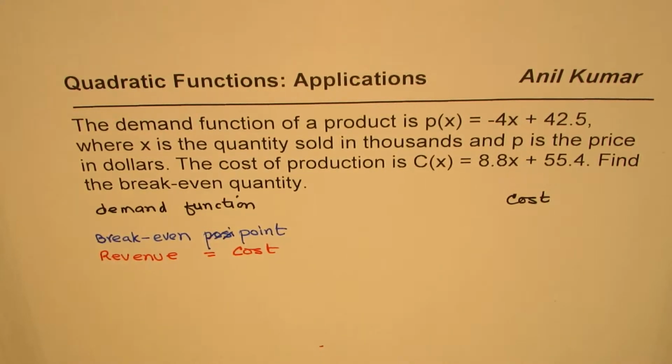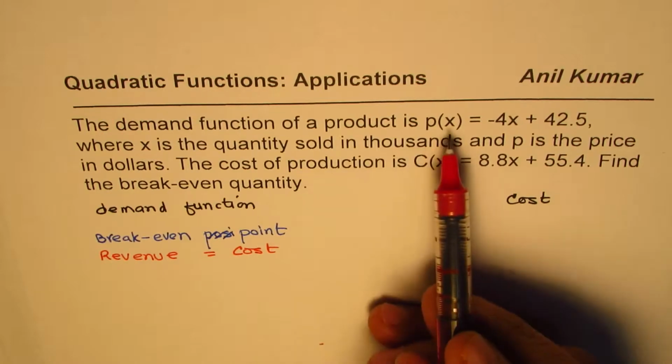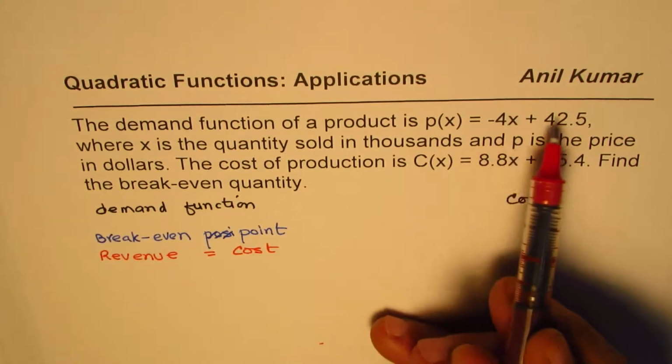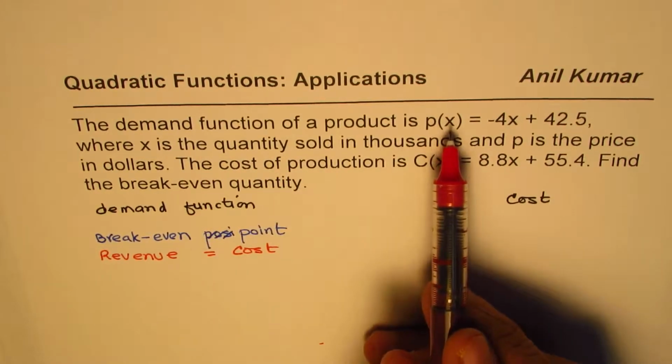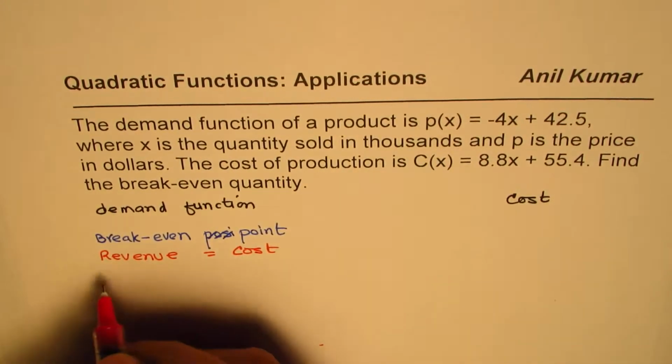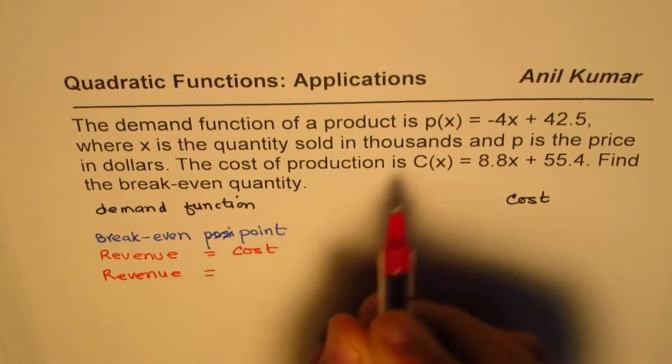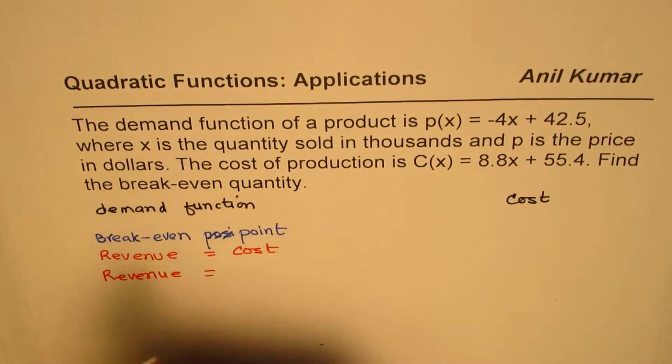That's the whole concept. Now, how do we find revenue? Revenue you will get by selling the items, correct? So when you sell X number of items at some price, you get revenue. So revenue is basically equal to price times the number of items sold.